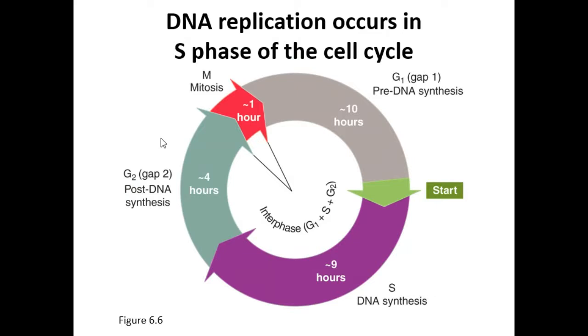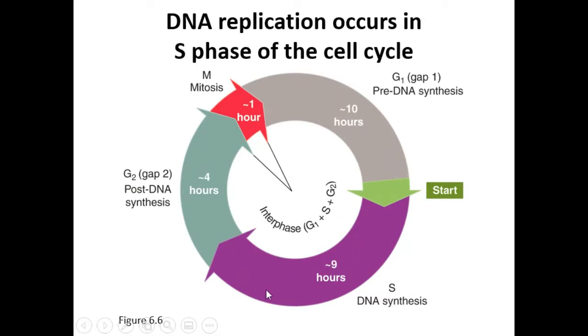And then for the eukaryotic cell, DNA replication normally occurs in the S phase of the cell cycle, all right? As you know, we have different stages of the cell cycle. We have G1, the gap 1 phase, the pre-DNA synthesis phase, which prepares for DNA synthesis.